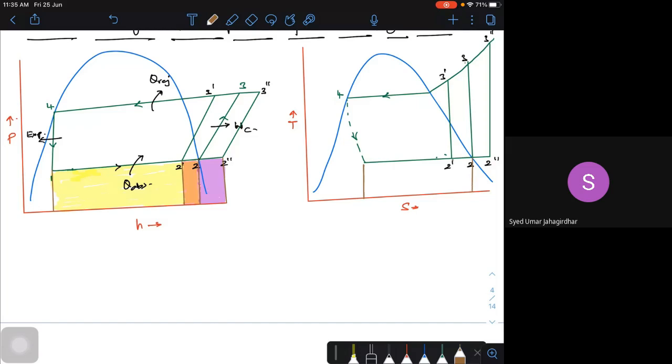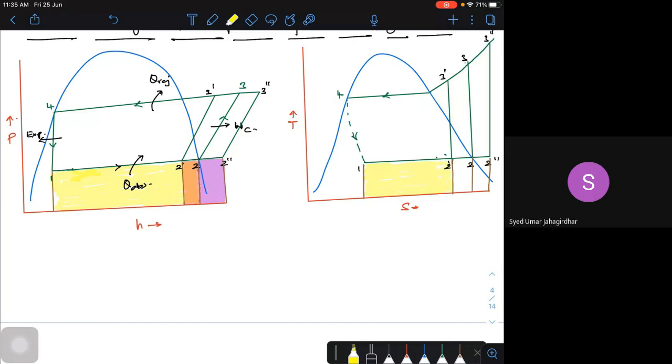For each thing I can show whatever I did, the same thing I can do. This is 1, this is 2 dash. Look at this, this is the heat, whatever I'm trying to show on my pH chart, I'm trying to show here also.